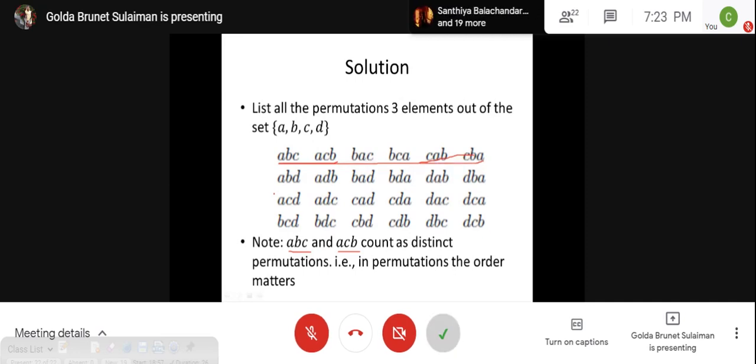Take any of these 4 rows. Do you notice anything that is unique, in the sense that a special character or special property, I should say? Any observation?